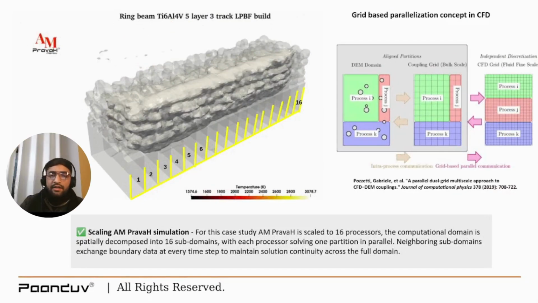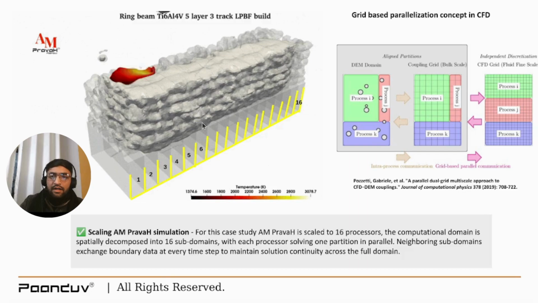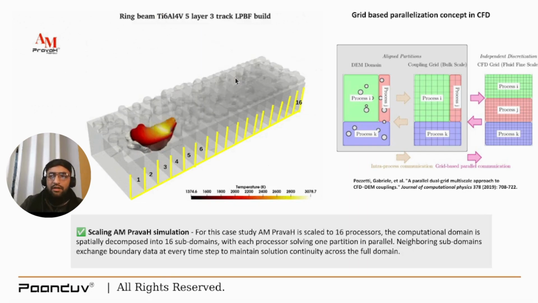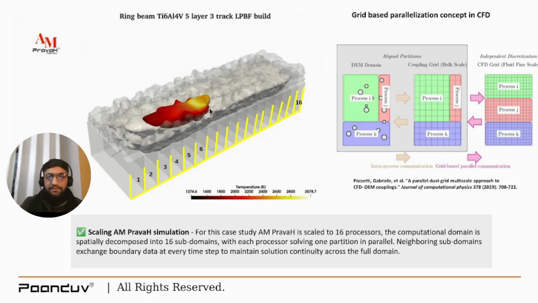So in this slide, we show the thermal profile of your fluid, which is your melt pool, across successive layers. As each new layer is processed before the previous one fully cools, thermal accumulation occurs.